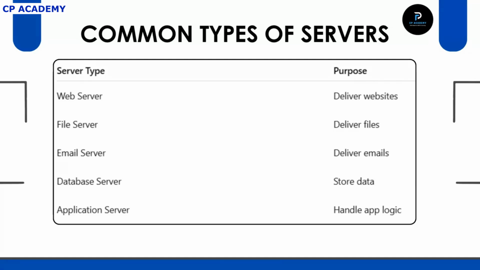The client asks for information, and at the same time the server gives the information asked by the client. In simple terms, the client initiates communication and the server waits and responds.